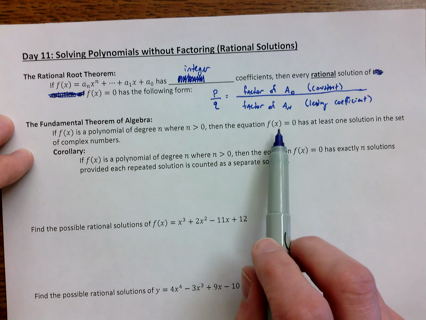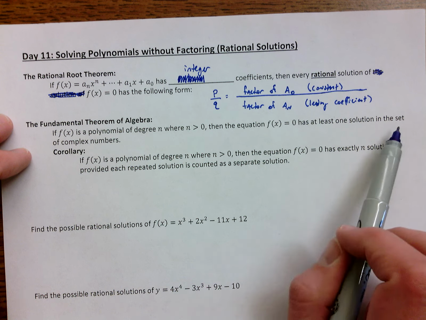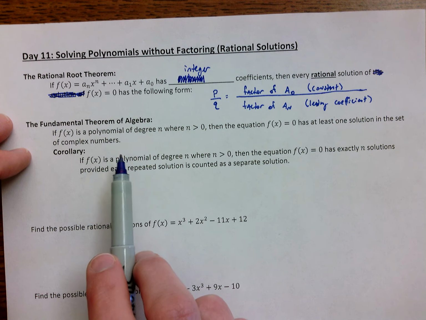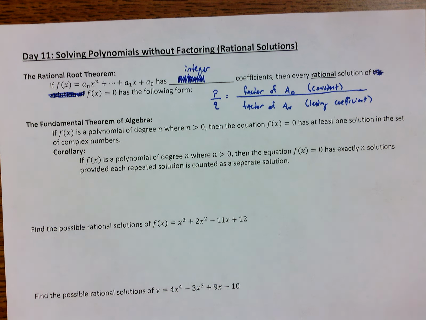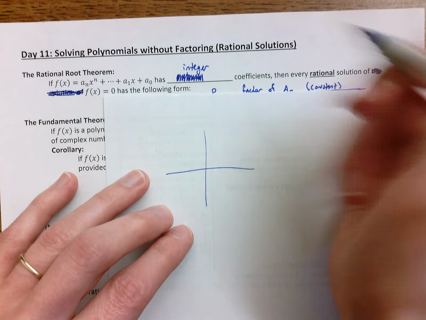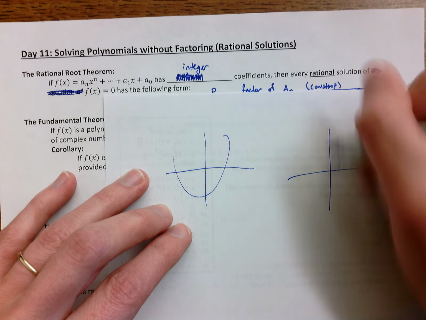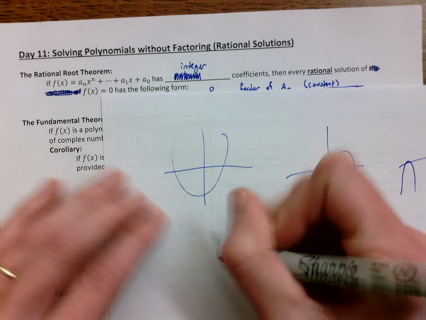Then if you set that polynomial equal to 0, it has at least one solution in the set of complex numbers. So at least one of its solutions has to be in the set of complex numbers. And remember, the complex numbers include imaginaries. So in terms of quadratics, it's saying that no matter what quadratic you draw, it's going to have at least one solution in the complex numbers.